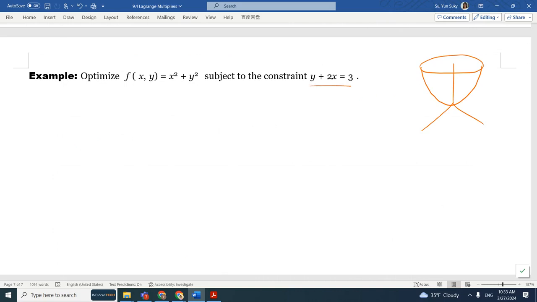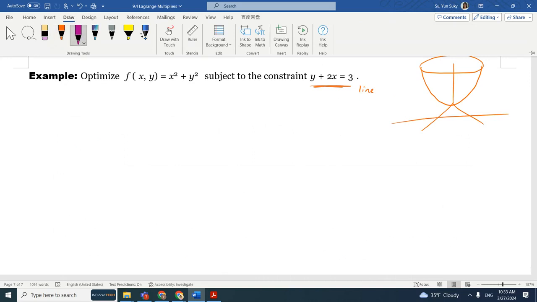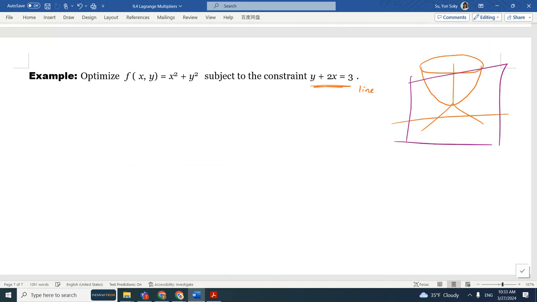And then this is a line. I don't know what the line looks like, I just estimate. You use this line and try to cut it, and guess what? You will see something like that. So I would say there is a minimum. Right, everybody? Yeah, so let's find that.